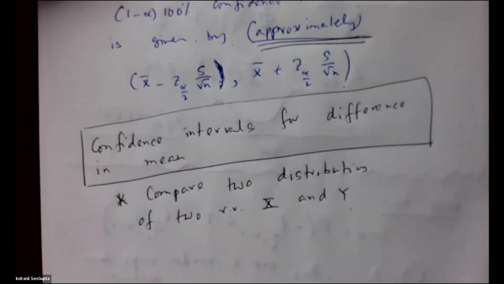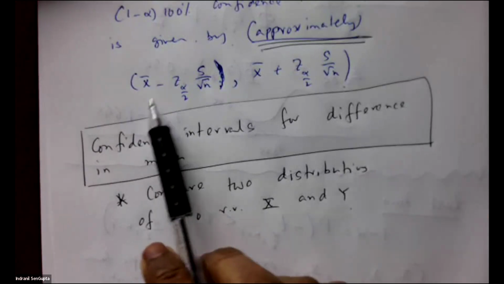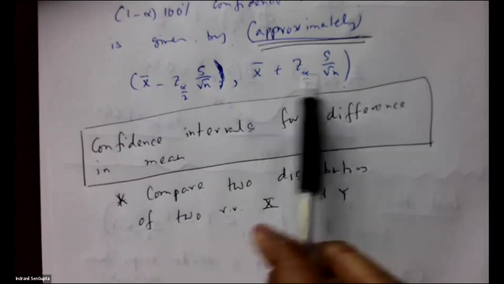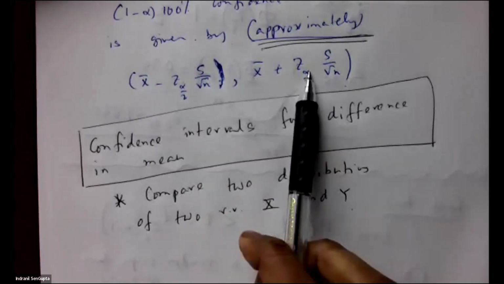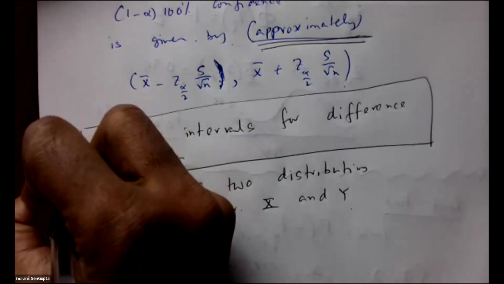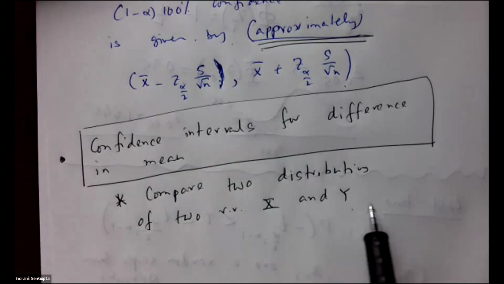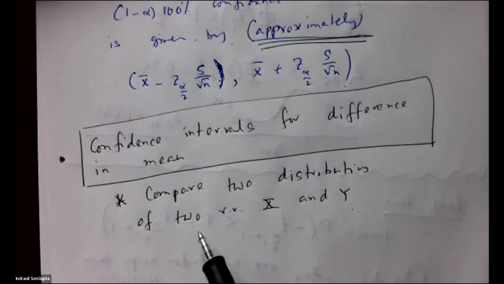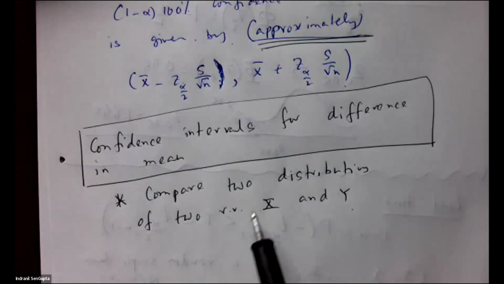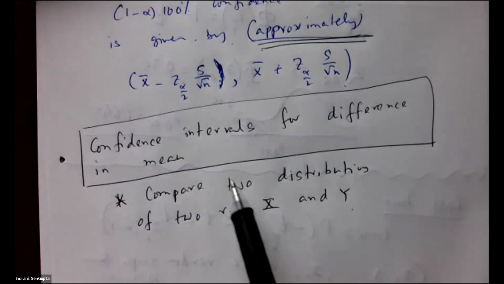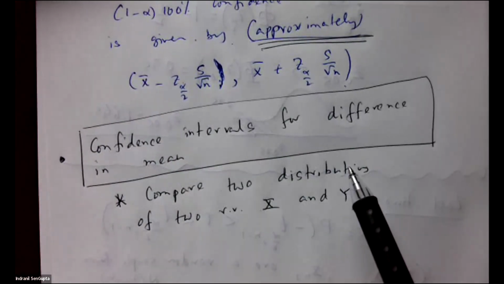Previously, we had just one distribution, and we were trying to find a confidence interval for its mean. But now suppose we have two distributions, x and y, and we are trying to get some idea about how these two distributions can be compared.